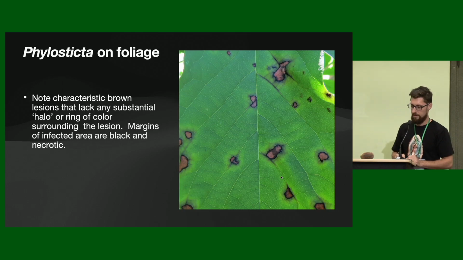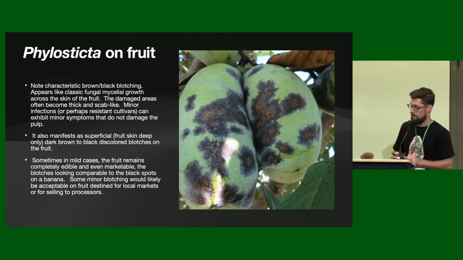You'll note that those are brown lesions that lack any substantial halo or ring of color that surrounds the lesion. So that's important in identification. The margins of the infected area are black and necrotic. So you can note here the characteristic brown and black blotching, and it appears like classic fungal mycelial growth across the skin of the fruit, that sort of webbing look.